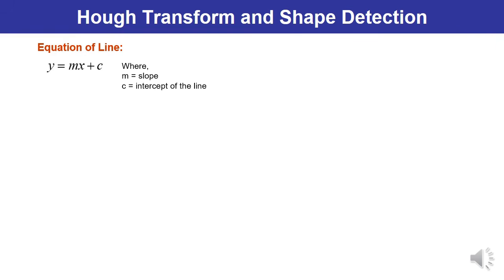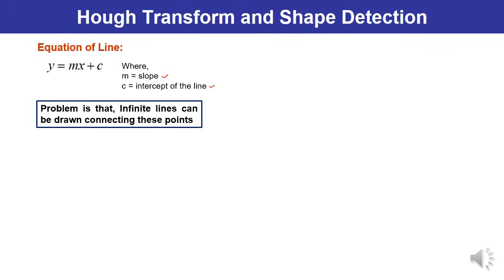You know the equation of a line. It can be written as y equals mx plus c, where m is the slope and c is the intercept of the line. From this line equation you must be very well aware. But here the problem is that you can draw a number of lines, even infinite lines, by connecting these points.